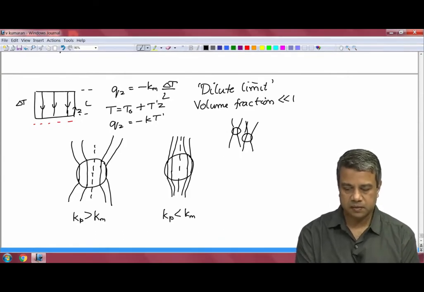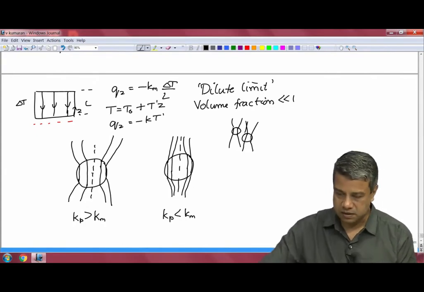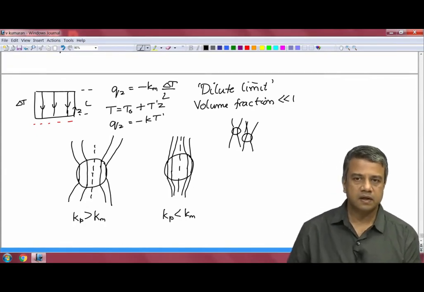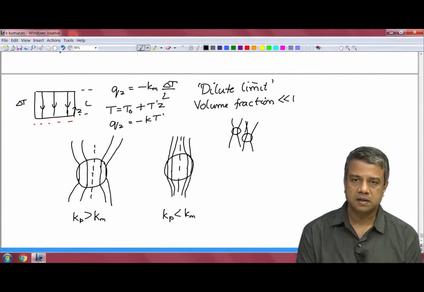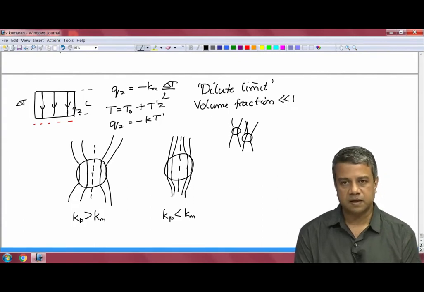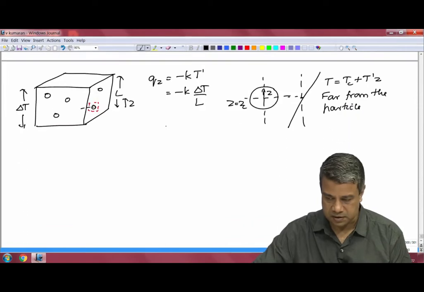So, each particle can be considered to be in a linear temperature gradient. And then we can find out the disturbance to the flux due to each particle, add it up and average over all the particles to find out the change in the total flux, and from that find out what is the effective conductivity. So, that is what we had considered here.